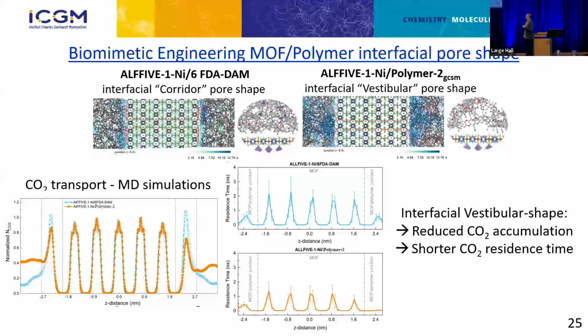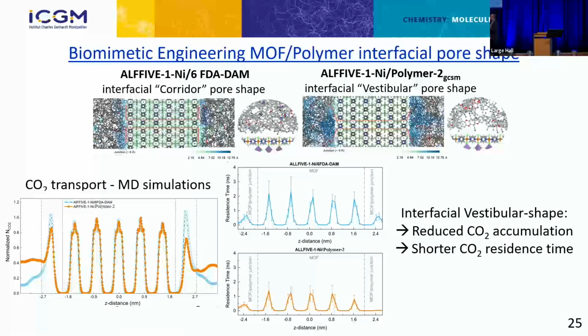Here I show you what we have done after in terms of transport of CO2 with molecular dynamics simulation. What we found is that, compared to the 6FDM DAM MMM I showed you before, the residence time, the concentration of CO2 at the interface, is lower, because we want to avoid accumulation of CO2 at the interface.